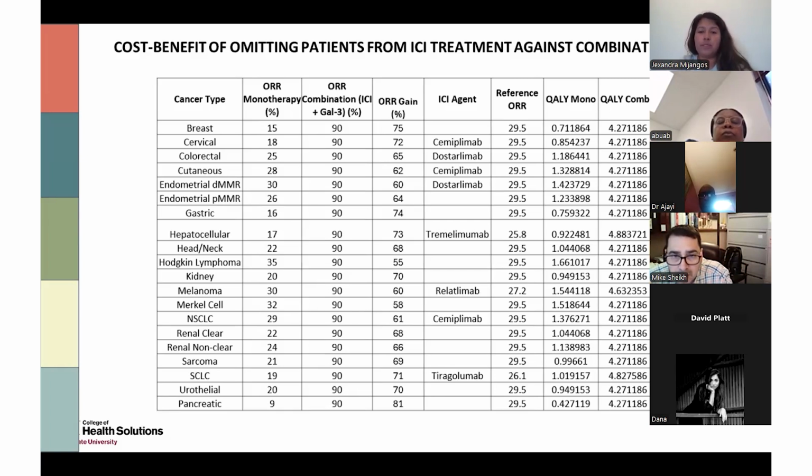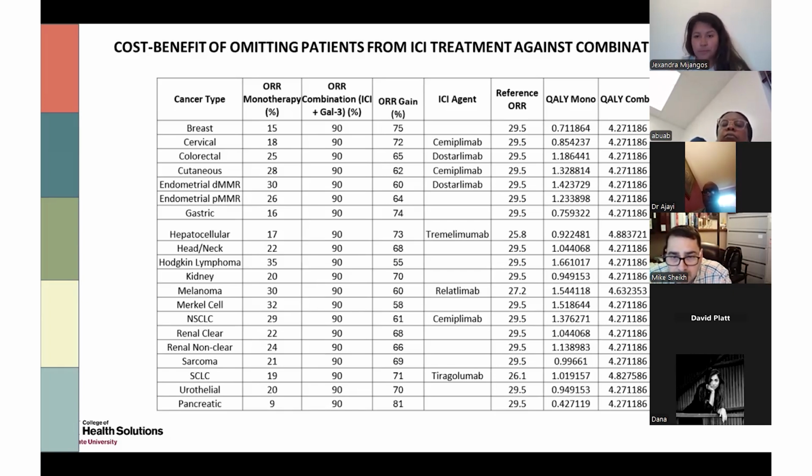So for each ICI agent that we can use, we will try to get a reference from them, and then we're gonna find what is the quality for monotherapy and the quality for combo therapy. And then as Rodney explained, the quality increases. Well, this table shows how the combination therapy increases the quality of life for a patient almost 3 times more.